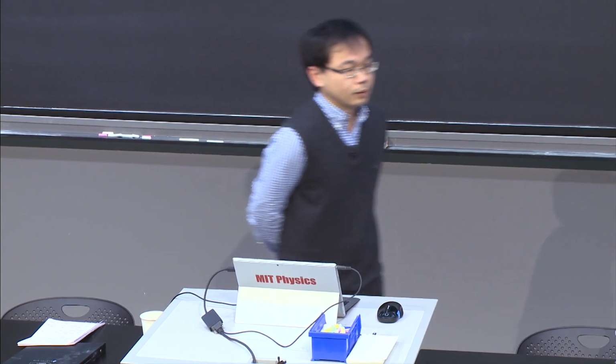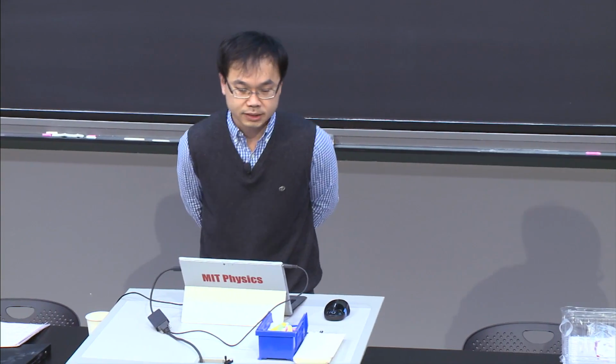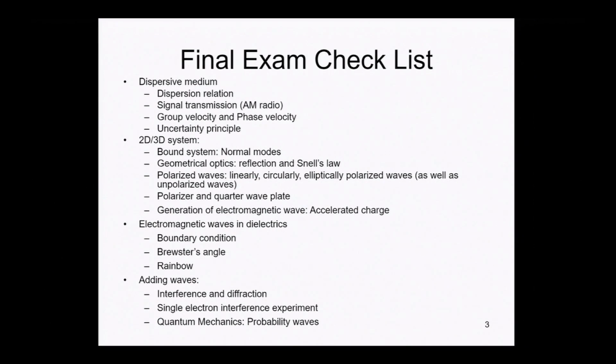So until now, we discussed idealized systems, and we also moved on to discuss dispersive media. We have learned even more about the dispersion relation for dispersive media, and signal transmission, how to send a signal through a highly dispersive medium, right?